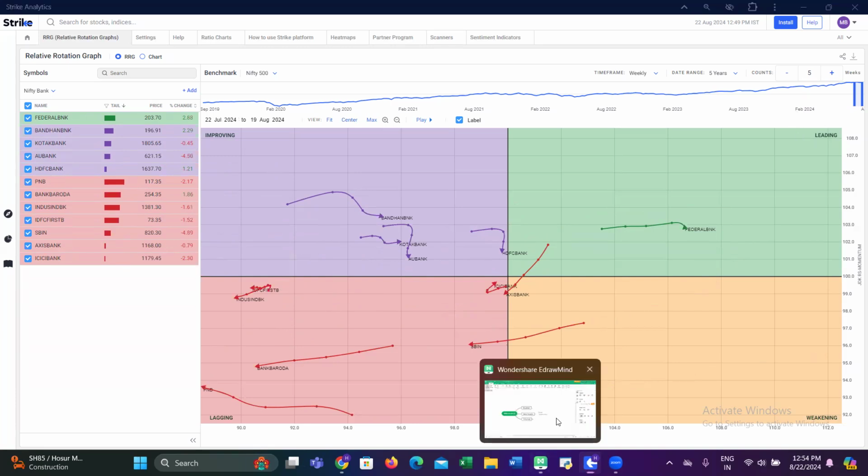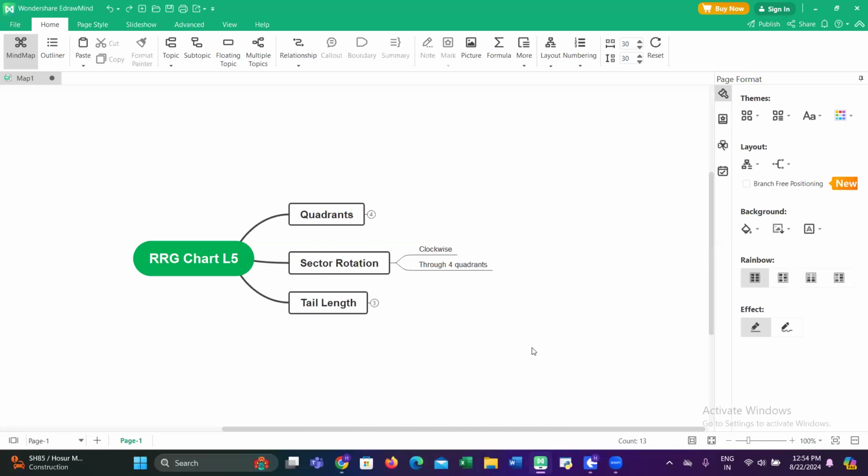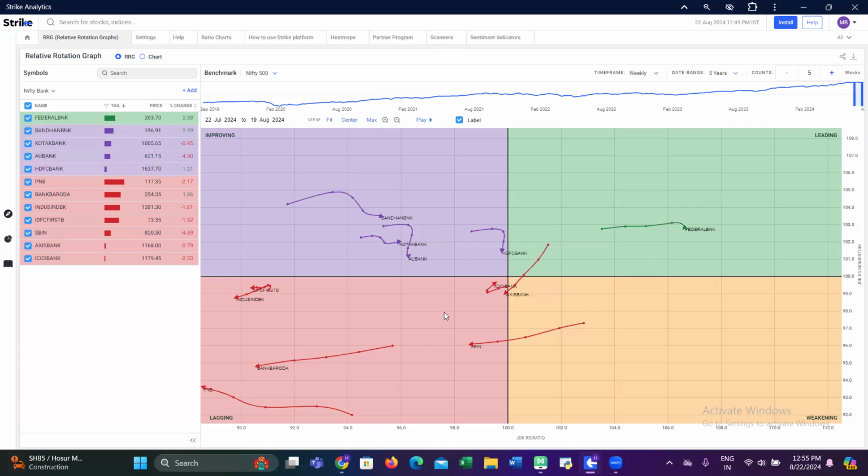All right, now let's look at the second part through the four quadrants. We just looked at it. When a script rotates, it goes through the four quadrants, and we will discuss where we need to focus more. Based on that, you can take a call on the location as well as your positioning for a particular script or the indices.